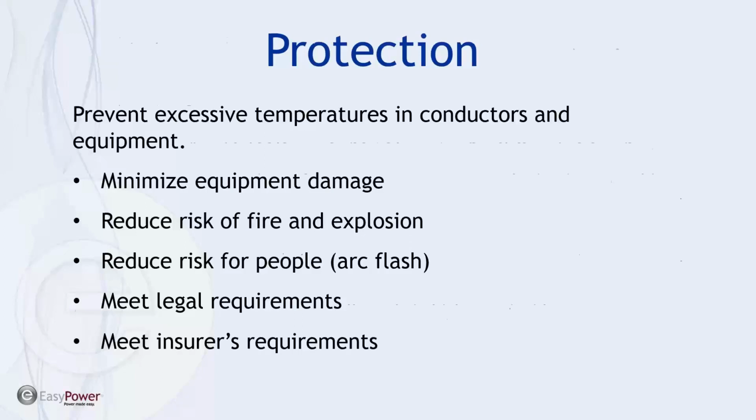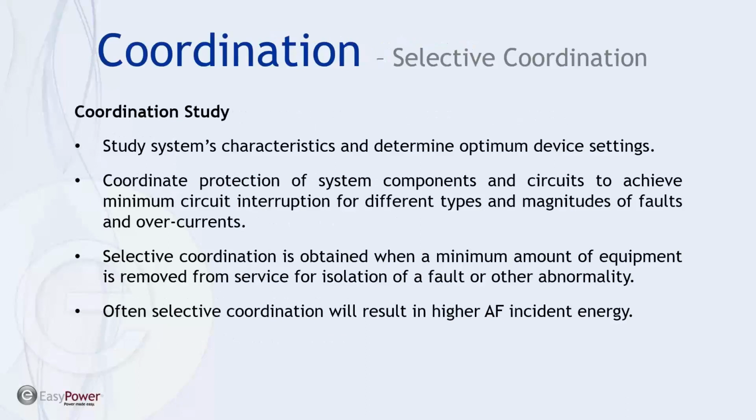The process of coordination is the area of protecting the equipment and hopefully isolating a fault as close to the faulting device, the offending area of the system, as possible, so we don't de-energize unnecessarily greater portions of our facility based upon a single fault.